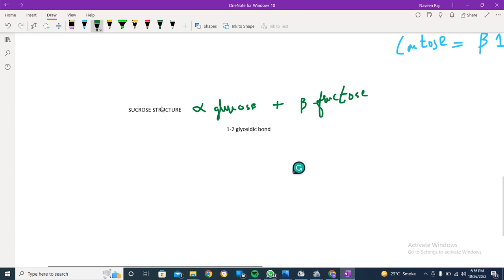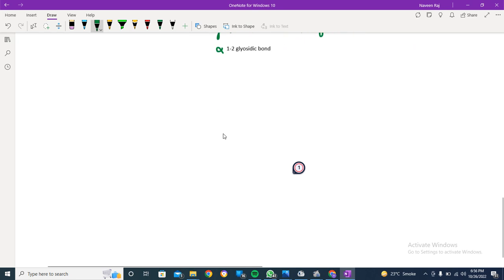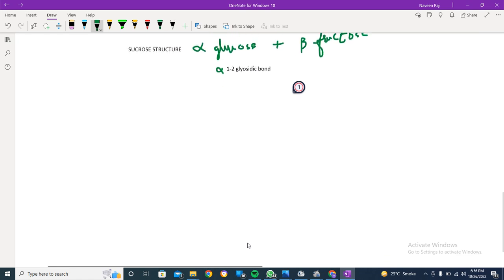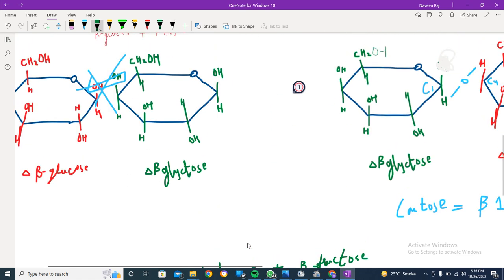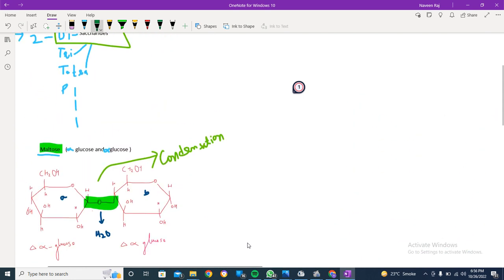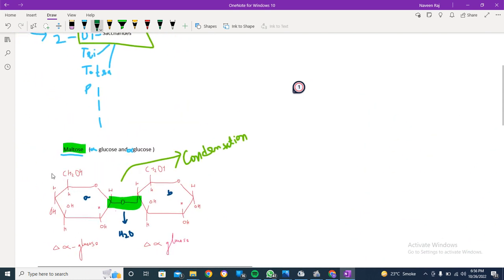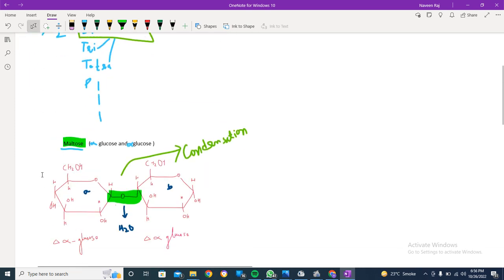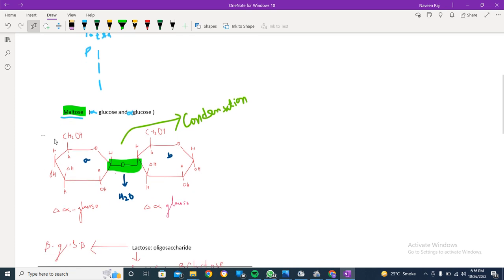Let me draw the alpha. So an alpha 1,2 glycosidic bond forms. Let me draw their structures for you guys. We know the structure of alpha glucose, so let me copy it from above.